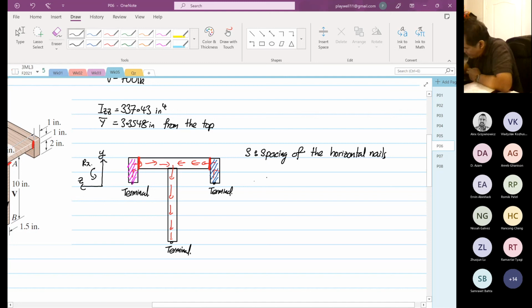The formula we're going to apply is q equals VQ over I. Applying the rules, we know V and we know I. Q we don't know.